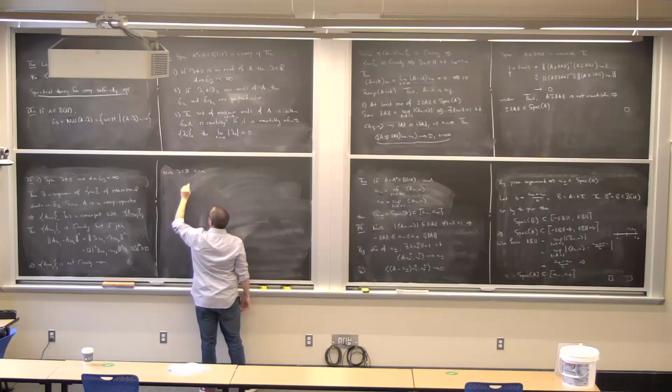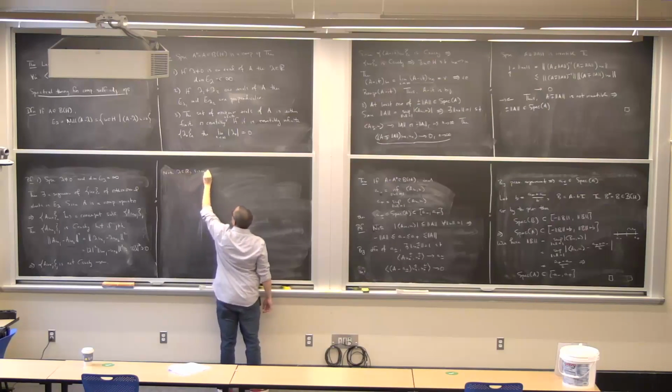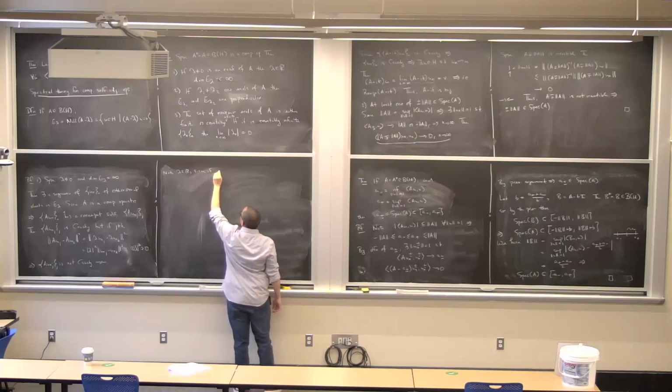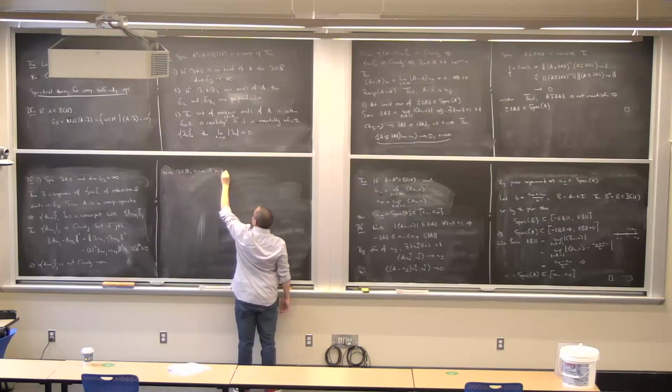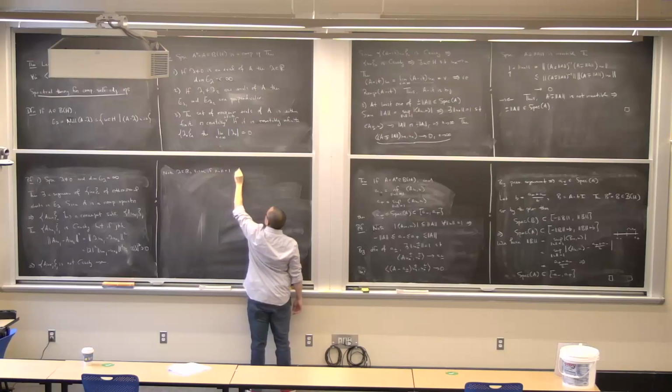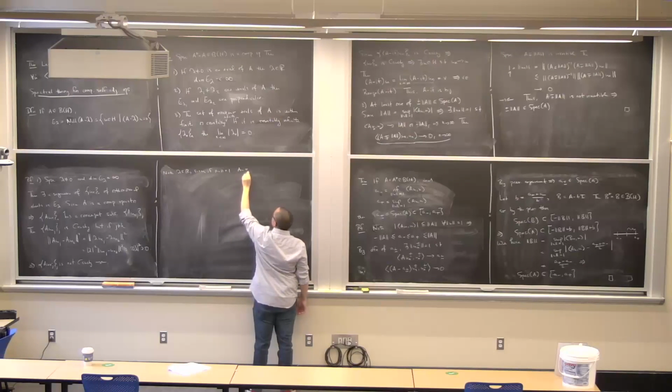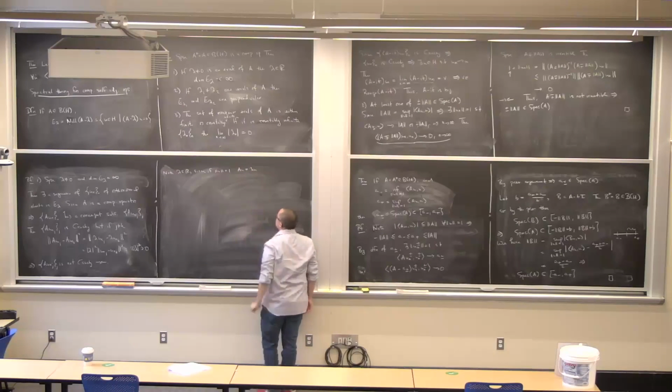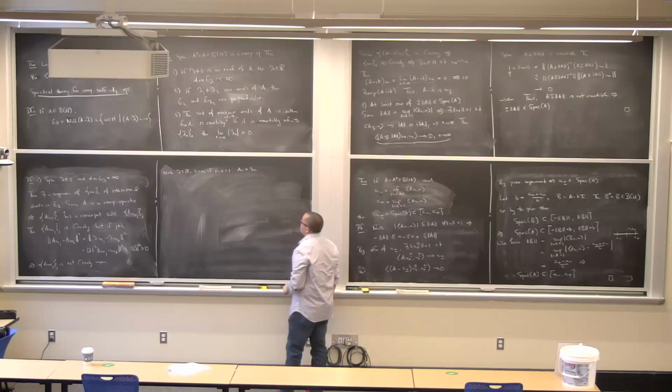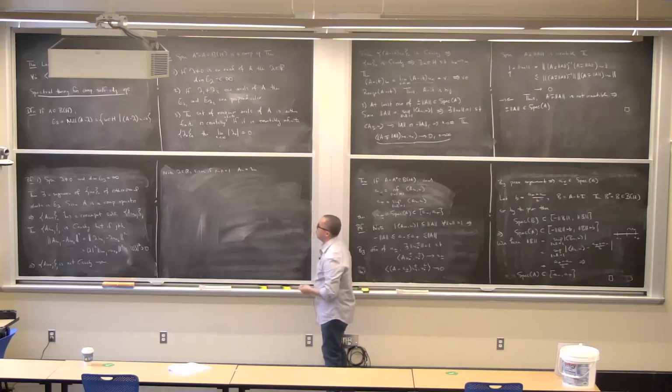If lambda is an eigenvalue, it comes with an eigenvector u with length 1 so that A u equals lambda u. Of course, it just has to be a non-zero u, but I can normalize it by dividing by its length.